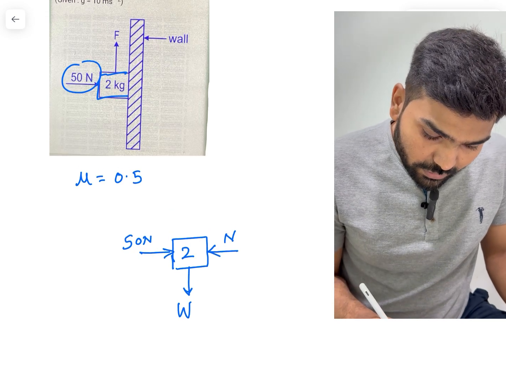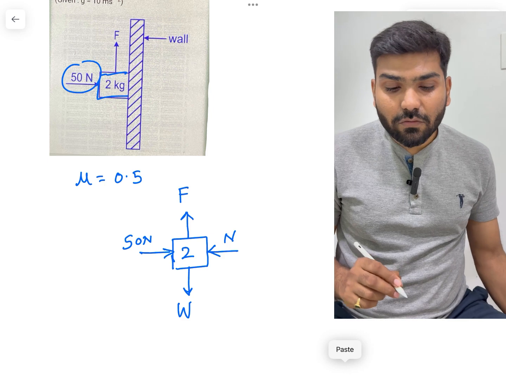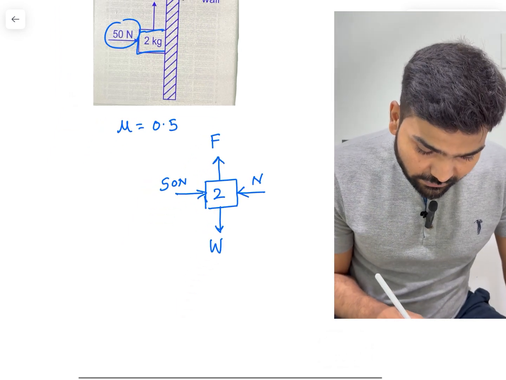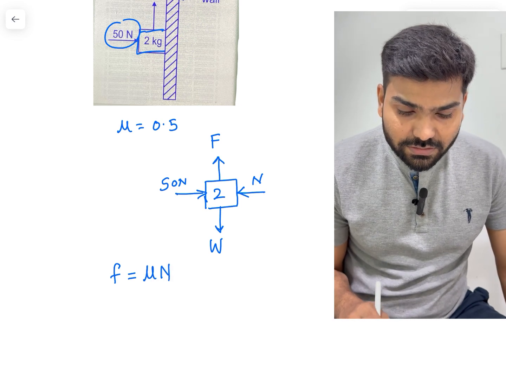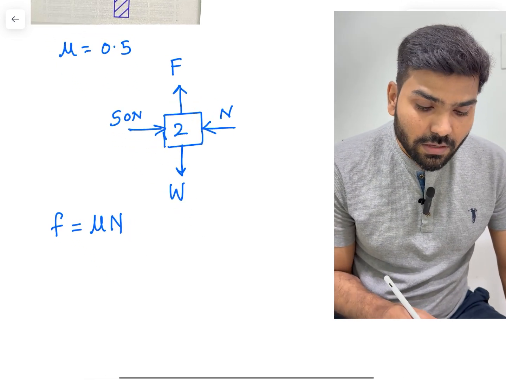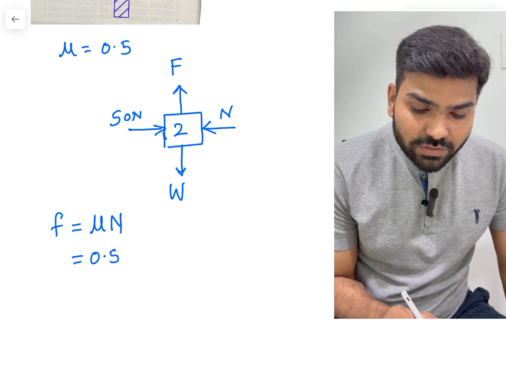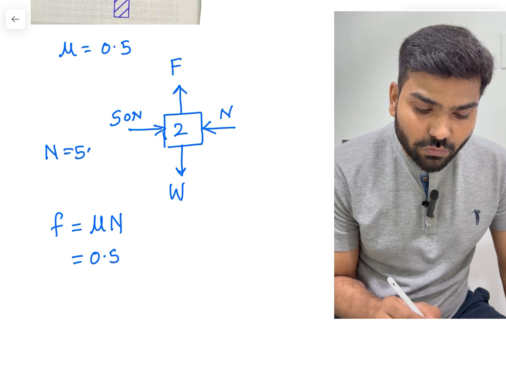Now we have to apply a force in the upward direction. Let us check what will be the value of friction. If we consider friction, f equals mu into N. This is the formula for calculating friction. Now mu is given as 0.5. If we balance the forces in the x-axis, we get that the normal reaction is 50 newtons.